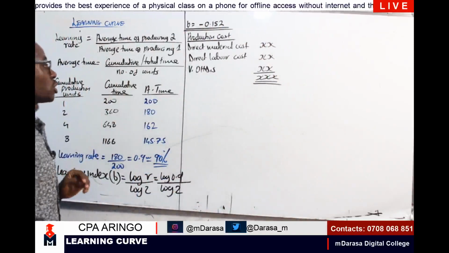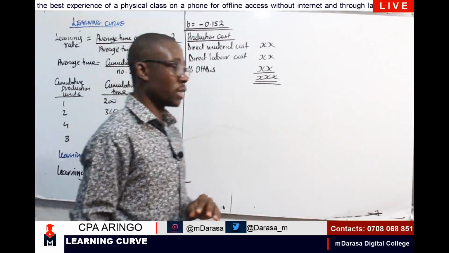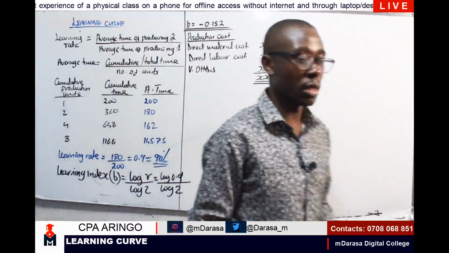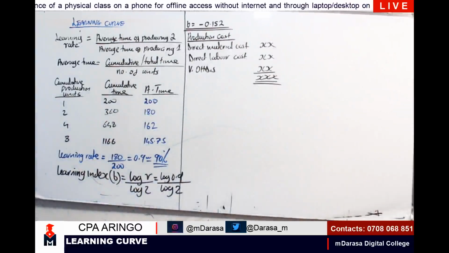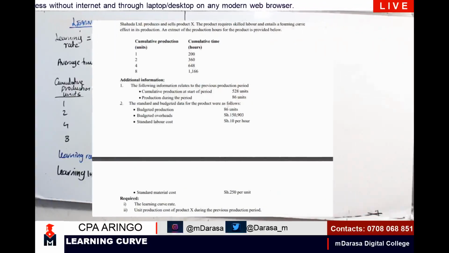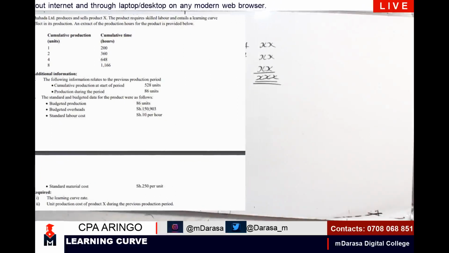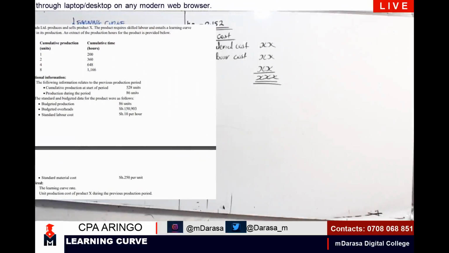So, come to our question. We need to estimate this cost. In our question, what were we given for estimation? Because we realize that, yes, I'm dealing with the learning curve concept, which will assist us, but the big question I should ask myself is, in our case, what are we given as our costs? I'll try to squeeze the question in here.